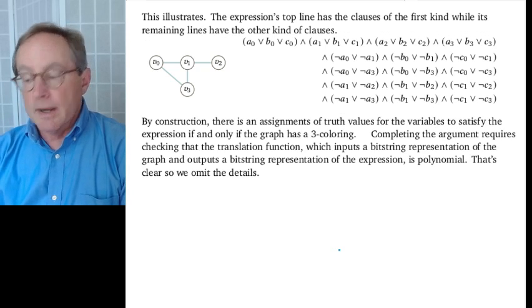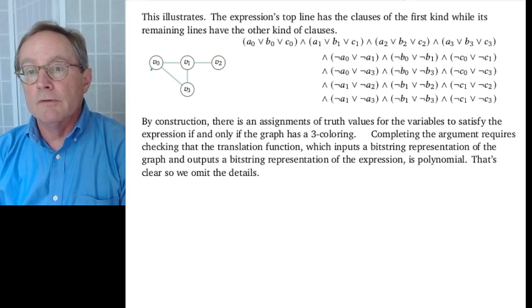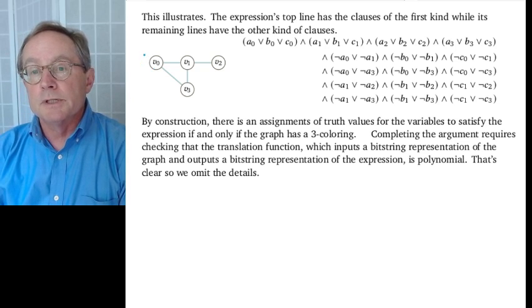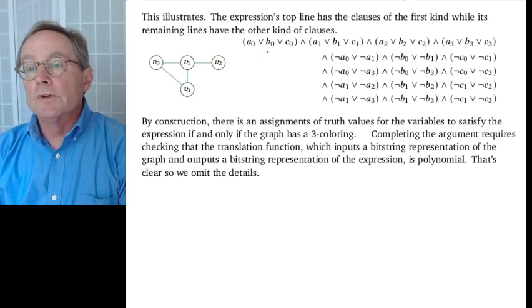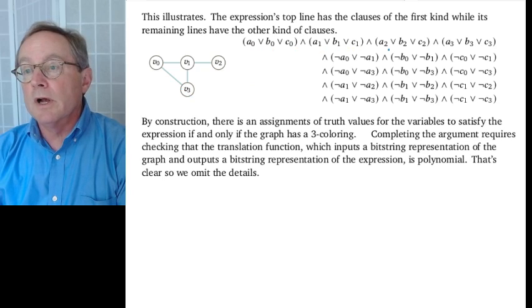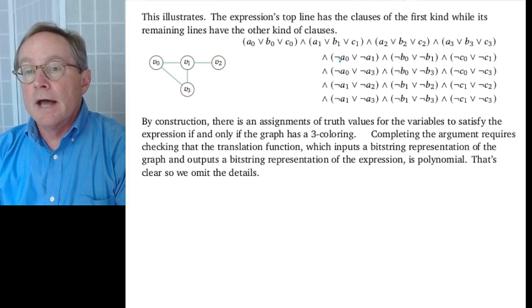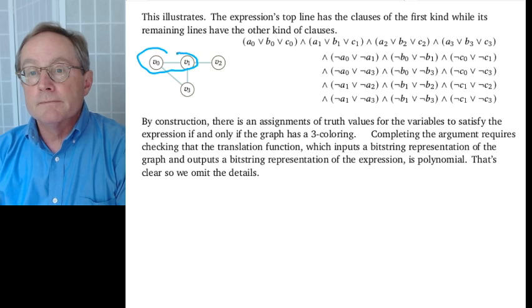So here is an example. Simple example, I think, gives the idea much more than any amount of description. So I have a simple graph, 1, 2, 3, 4 vertices. The first line up here says vertex 0 gets a color, vertex 1 gets a color, vertex 2 gets a color, vertex 3 gets a color. The next line says that you see this edge here between vertex 0 and vertex 1?